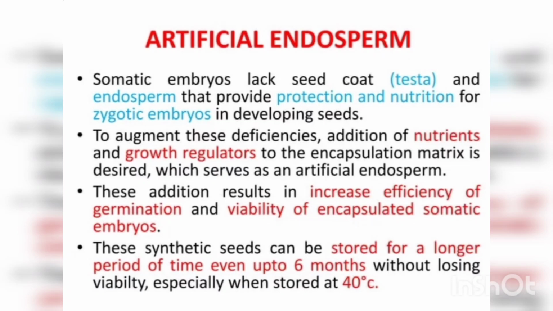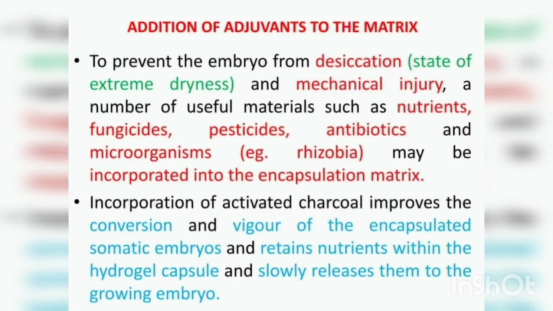This results in increased efficiency of germination and also the viability of encapsulated somatic embryos. These synthetic seeds can be stored for a longer period of time, even up to 6 months, without losing viability, and they should be stored at 4 degrees Celsius.